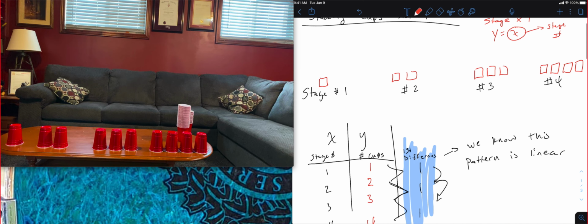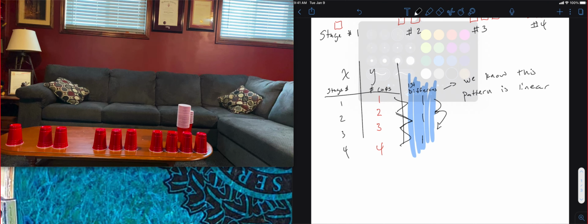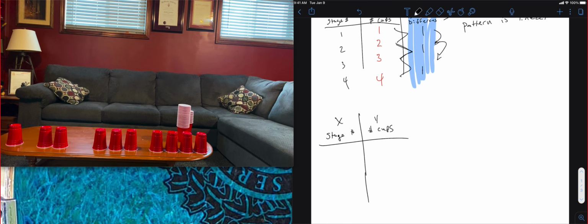So if I go down here now, I'm going to redo the table, okay? Except this time I'm going to start stacking the cups. So again, we're going to have stage number for X. We're going to have the number of cups. Okay, so we're going to go down, and then we're just going to create the same stages. So stage 1 is this one, stage 2 is here, stage 3 is here, and stage 4.